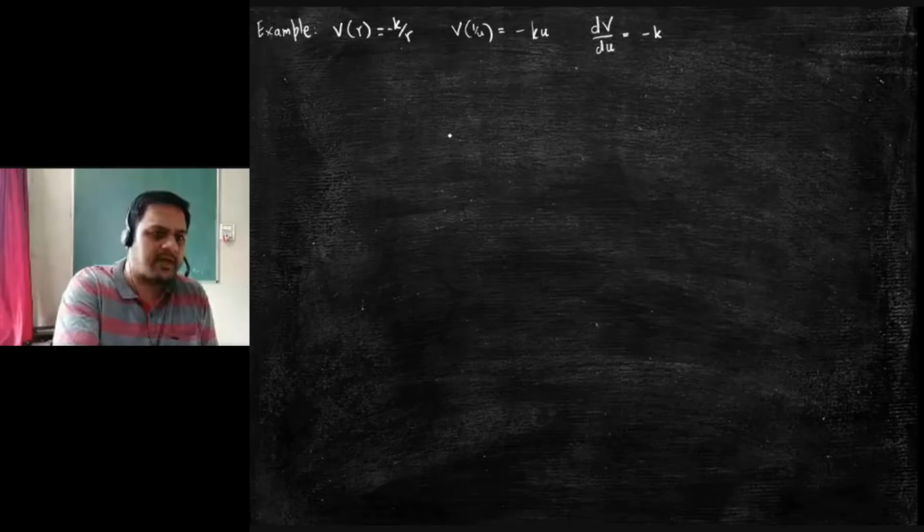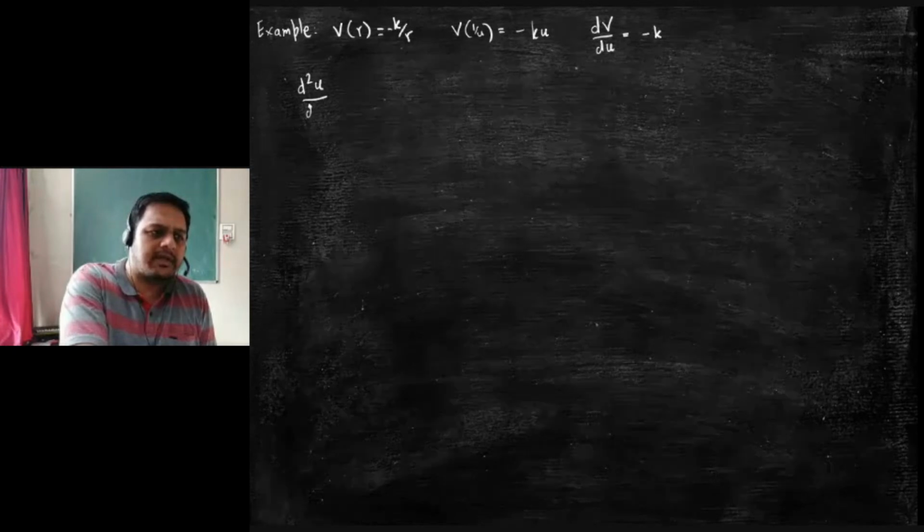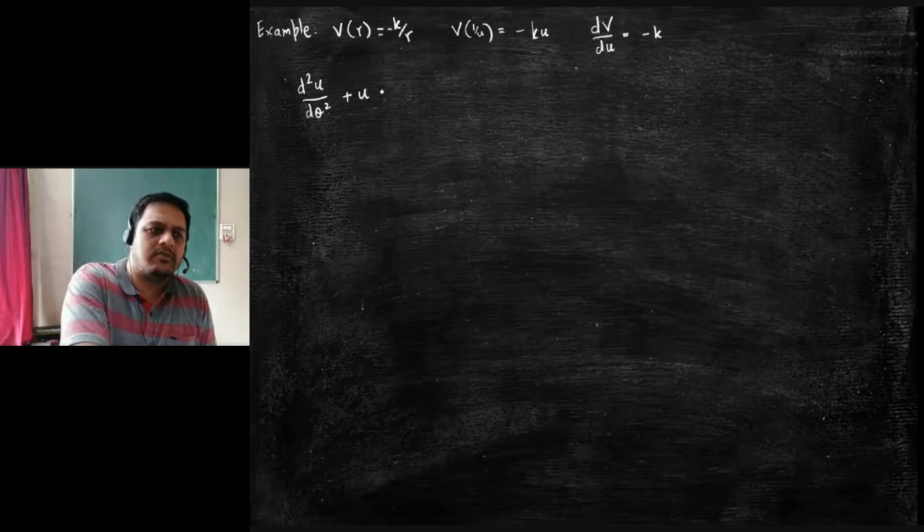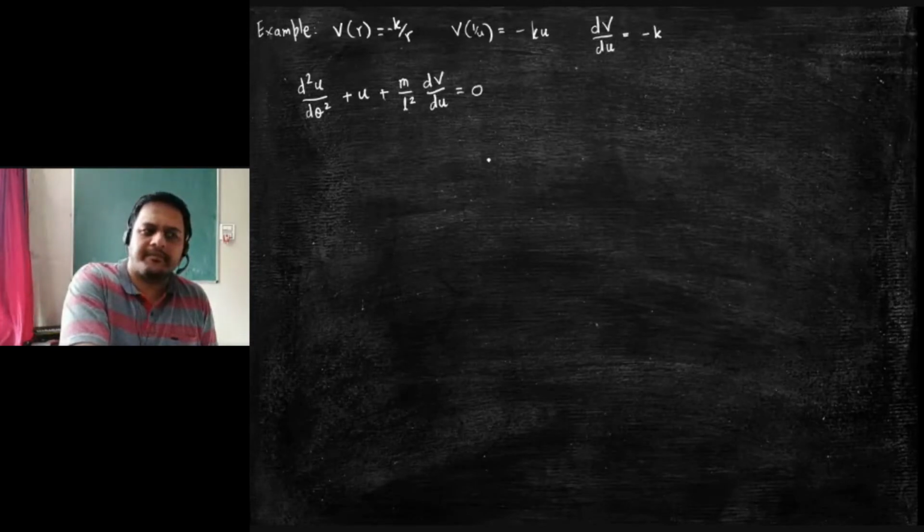Okay. Now, what was your equation? d square u by d theta square plus u plus m by L square dv by du is equal to 0. Correct?